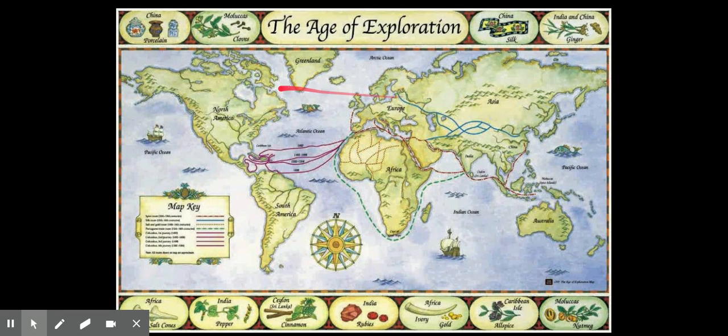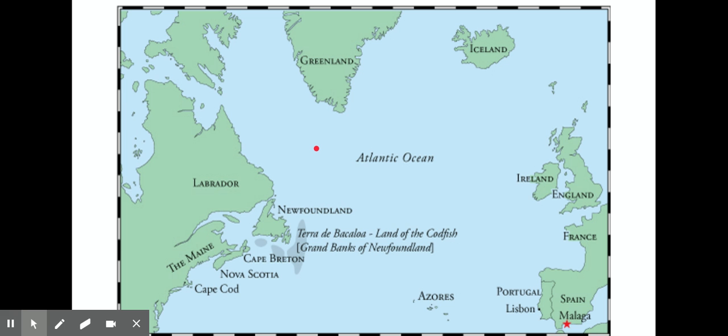So things can spread around very quickly. That was not the case before Columbus. Therefore, historians have named this the Columbian Exchange. Sometimes it's referred to as the Great Exchange, but it's basically just this mixing that goes on.